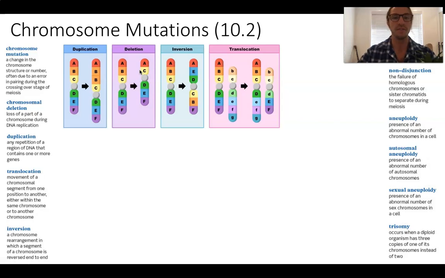We can have inversion, where that part of the chromosome is replicated, but it's flipped. So we can see A and F are staying the same, but this whole region in between here has been inverted. And lastly, this translocation, and that's where a fragment from one chromosome breaks off and attaches to another chromosome.